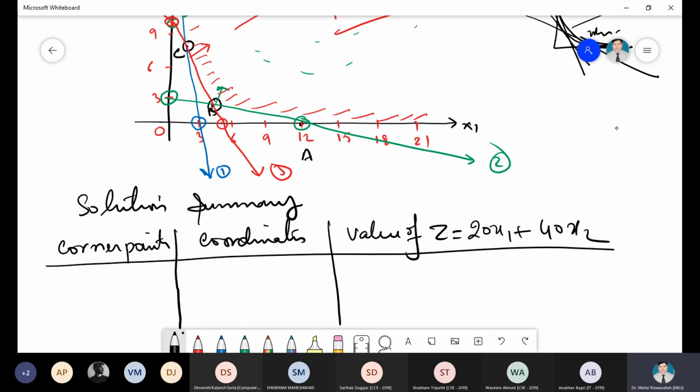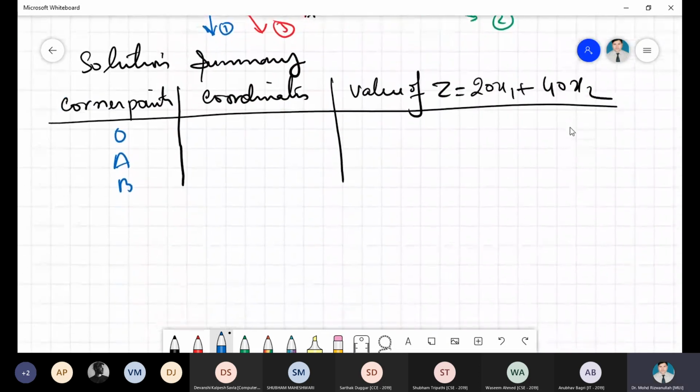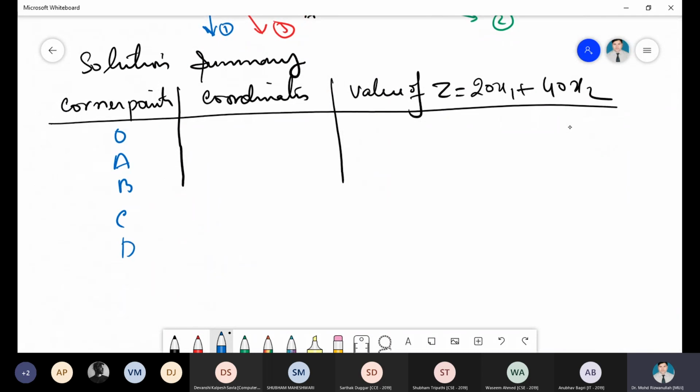So your corner points are first O, then A, then B, then C, and then D you have, right? So this is the 0, 0.